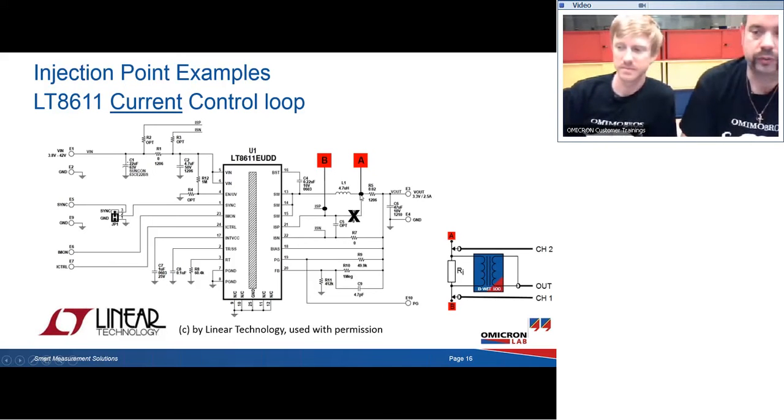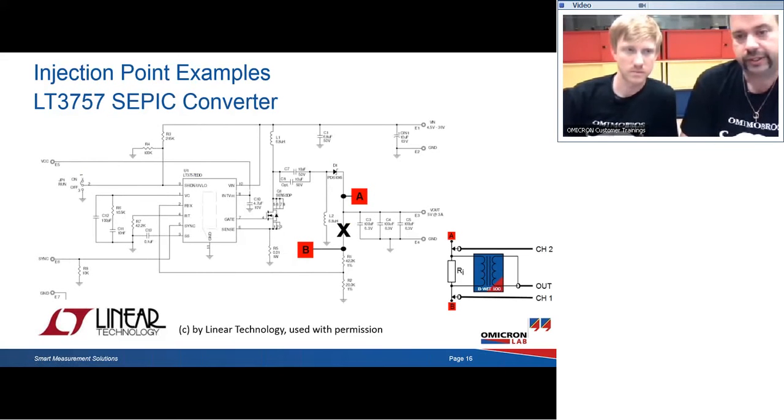So this is how we can measure the current control loop, and it's the same method. The only thing is, since the system is controlled via a differential signal, it's recommended to reference not against ground, but against the negative feedback input or current feedback input. And to do so, we are using differential probes.